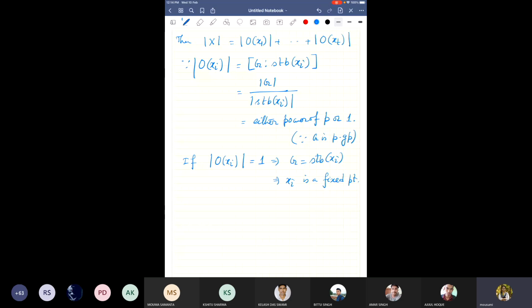Now let us denote this equation by star. If I go mod p in the equation star, what do we get?